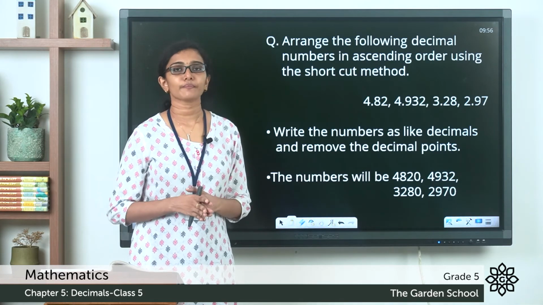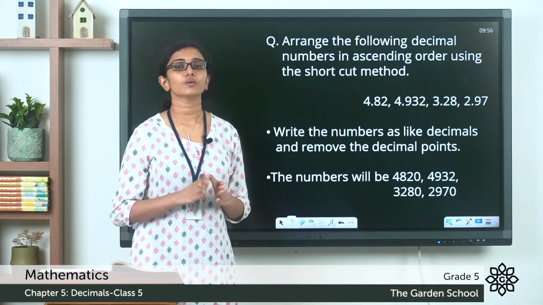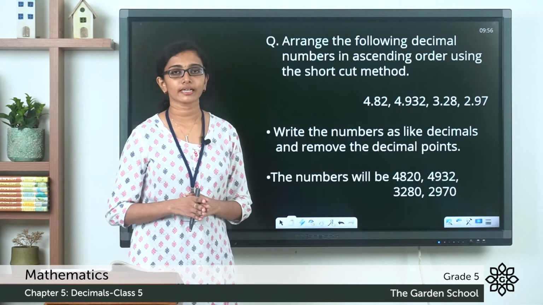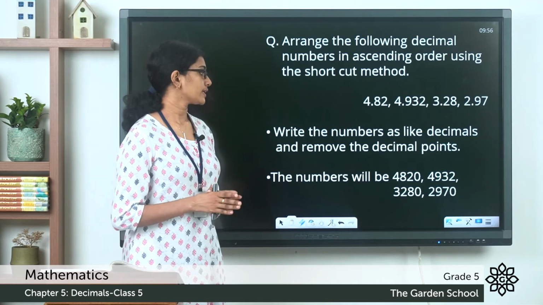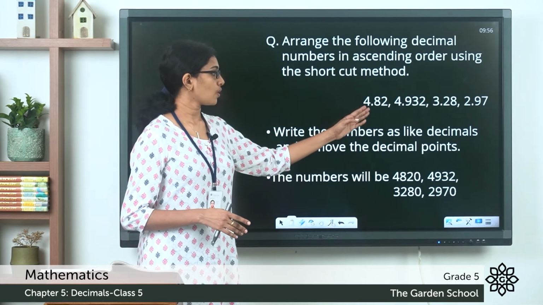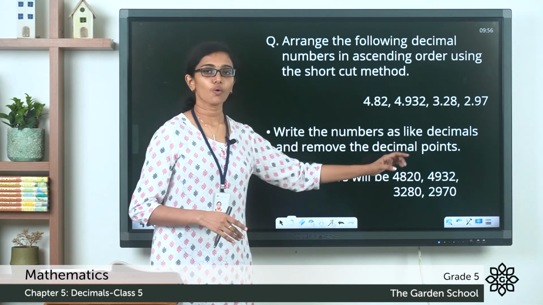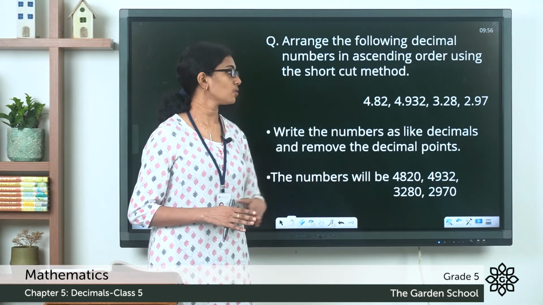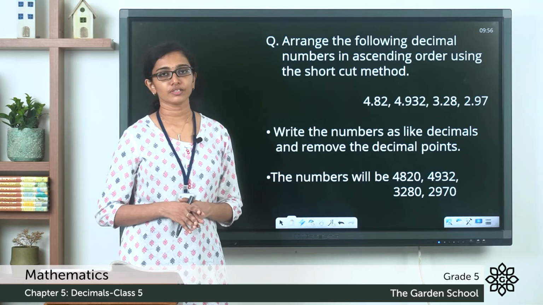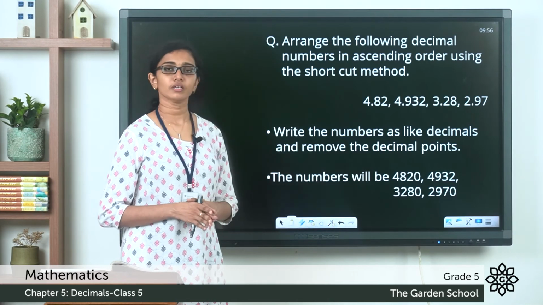The next step for the shortcut method is to remove the decimal point so that we can compare the numbers. After removing the decimal point, we get the numbers as 4820, 4932, 3280 and 2970. Now let's compare them easily.